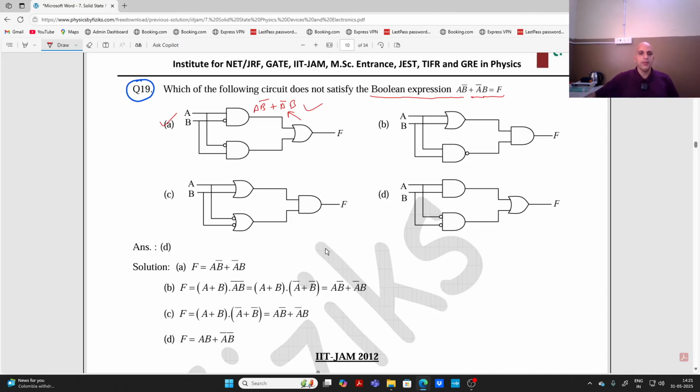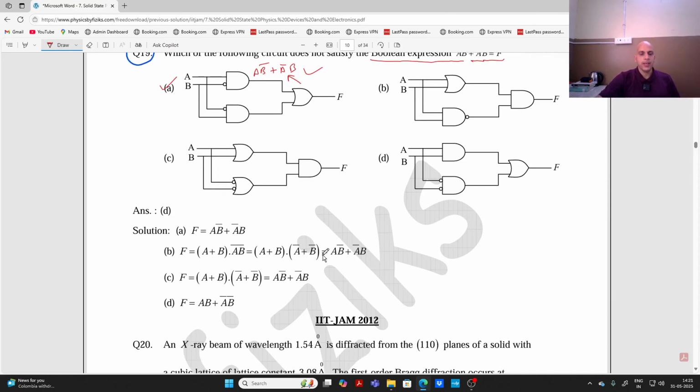What about the second one, b? You can write here a plus b, right? What about it? A dot b naught, and they are taking the AND operation. So f is equal to a plus b into a dot b naught.